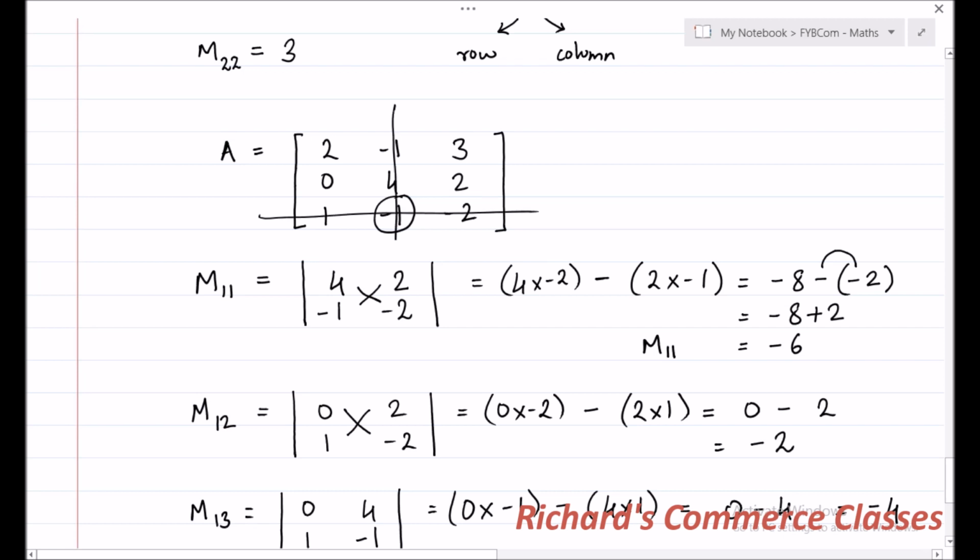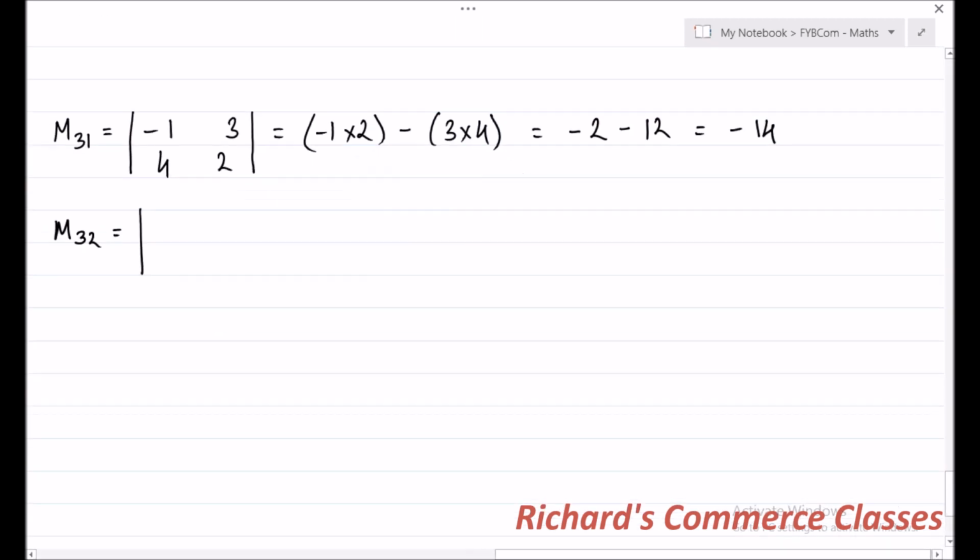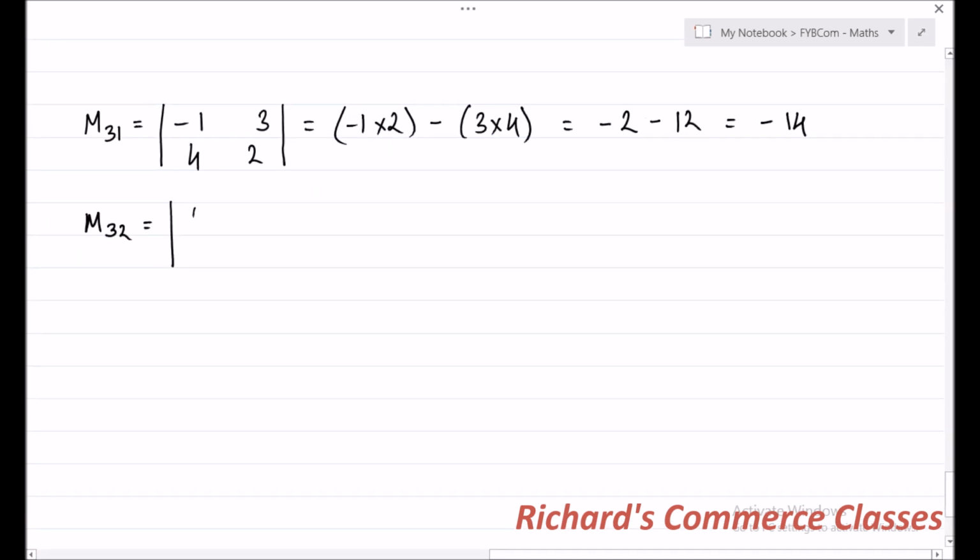Deleting the row and the column, the remaining elements are 2, 3, 0, 2, which will be 2 into 2 minus 3 into 0, which is equal to 4 minus 0, and the answer is 4.